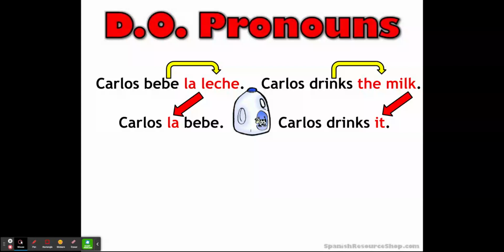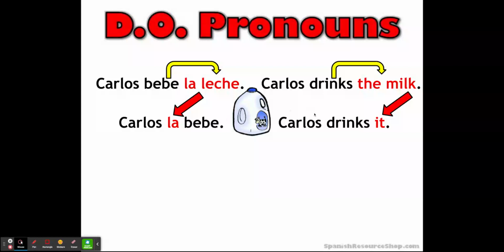Now, notice the difference when you replace the direct object la leche with the direct object pronoun: you place it in front of the conjugated verb. This verb responds to Carlos. Carlos, who is he? What is he doing? He drinks. So this verb is conjugated.